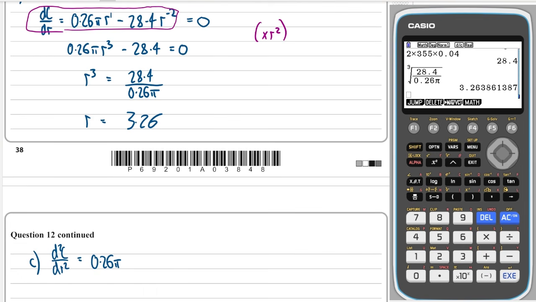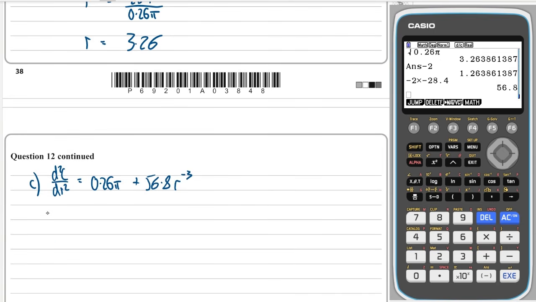And here we're going to do minus 2 times by minus 28.4, which is going to give me positive 56.8, and that is r to the minus 3.